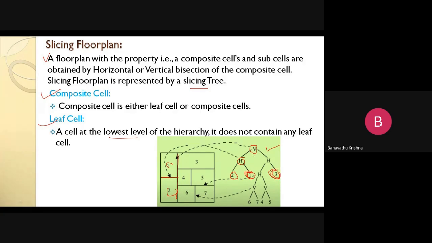And then 4 and 5. 4 and 5 is a vertical, and 3 with H, which is horizontal, right? H is horizontal with the vertical here. 4 and 5 is vertical, and H is with 6 and 7, which is the vertical here.